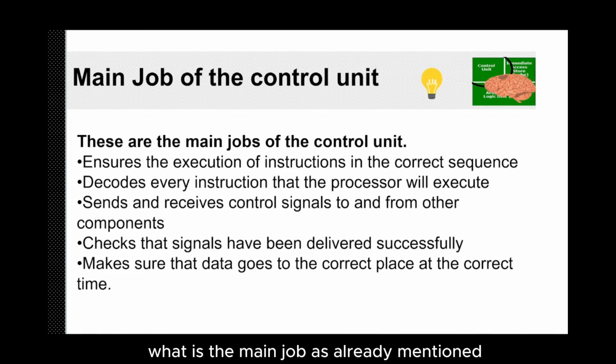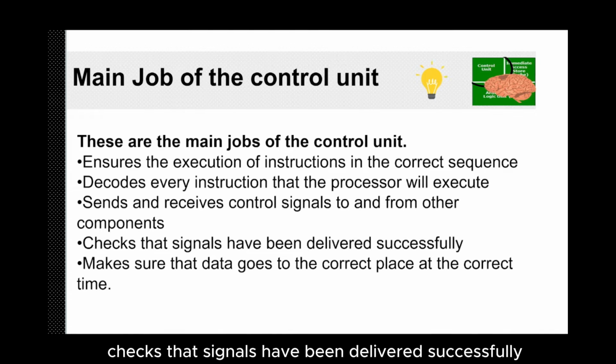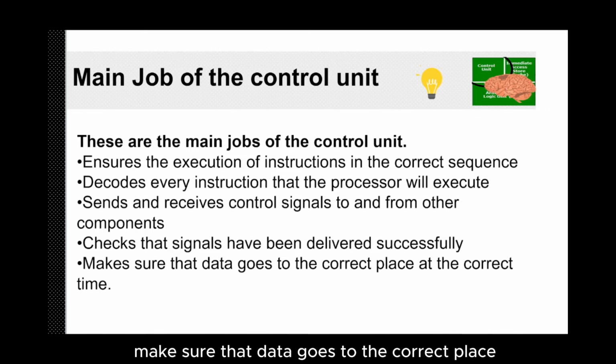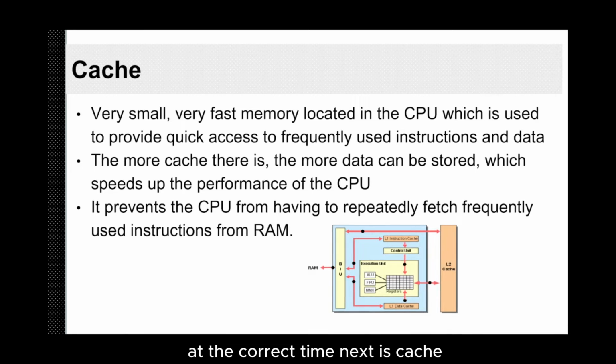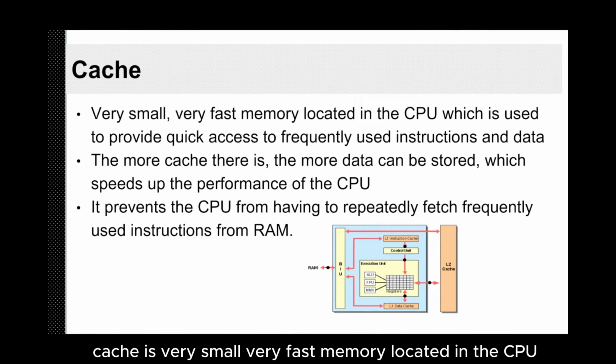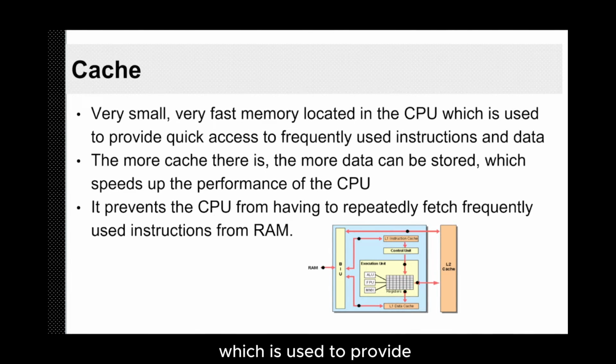As already mentioned, the main job of the control unit is to make sure that execution of instructions is in the correct sequence, decodes every instruction that the processor will execute, sends and receives control signals to and from other components, checks that signals have been delivered successfully, and makes sure that data goes to the correct place at the correct time.